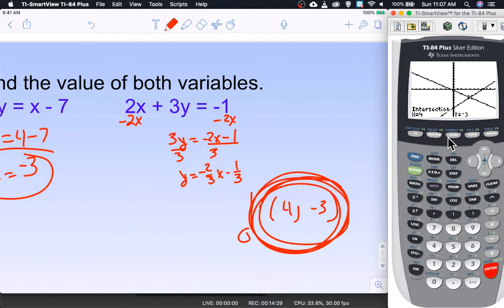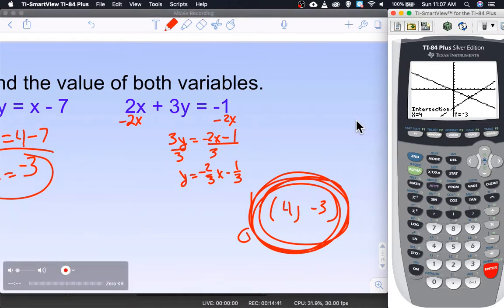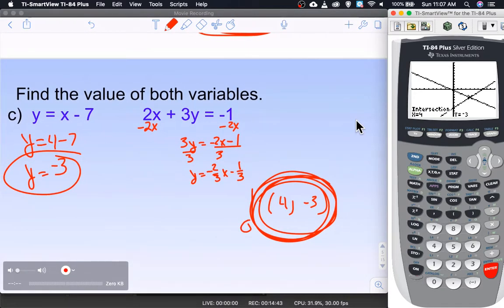So this is, again, another method to add into your toolbox. You now have elimination, you have substitution, you have graphing by hand, you have graphing using a calculator that you can use to find the solutions to systems of equations.